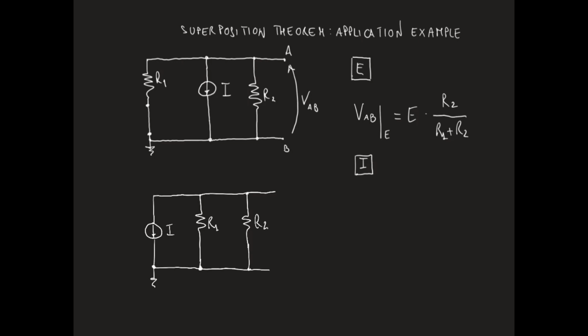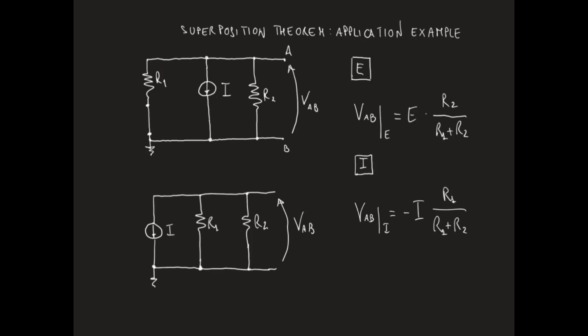The output voltage VAB is the voltage across R2 and R1 and the current source I. Therefore, the voltage VAB as an effect of the current source I can be calculated as minus I times R1 divided by R1 plus R2.